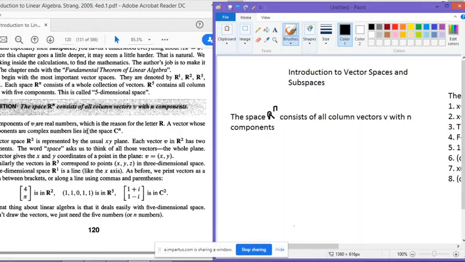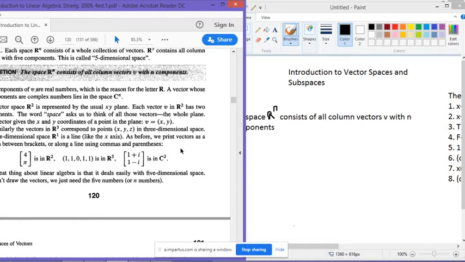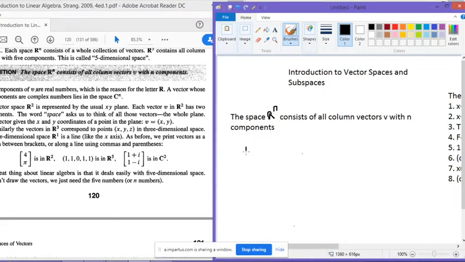The components of V are real, so that is why we call it R. For example, if the components of the vector are complex, say V is equal to 1 plus i, then 1 minus i, then these are the vector components.